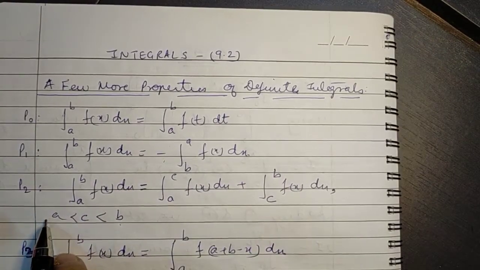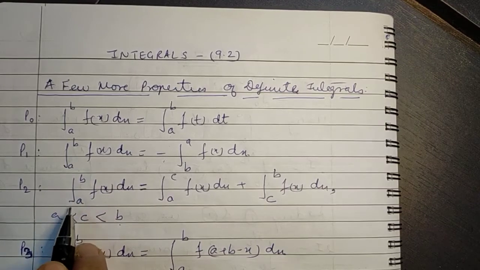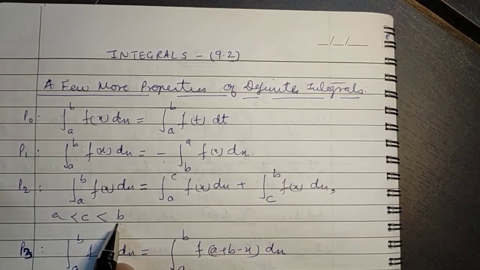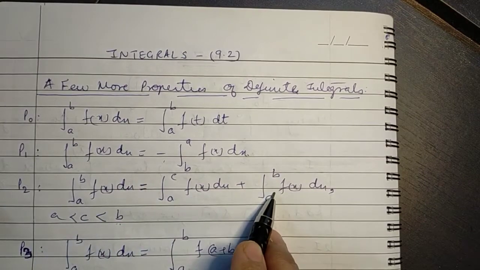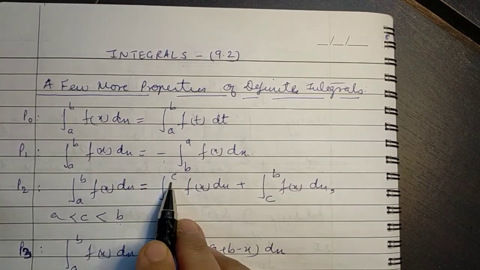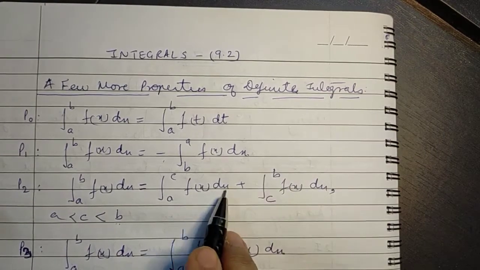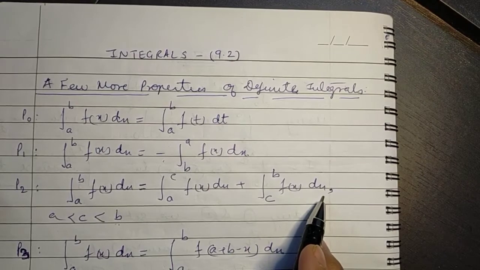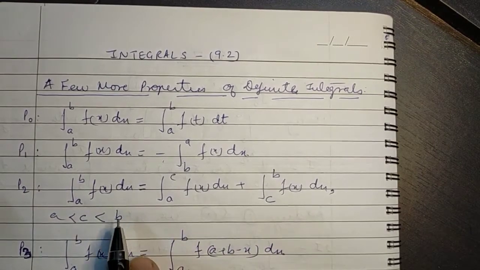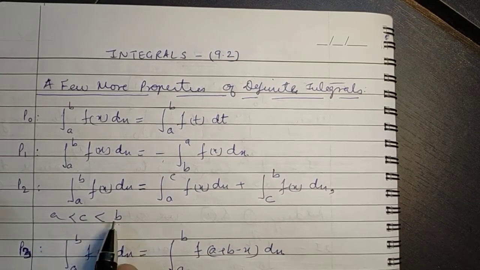In the third one, if c is any point lying between the limits a and b, then we can split the given integral into two integrals, one from a to c and the other from c to b. The function remains the same, the variable of integration remains the same. This property can further be extended to more than one point lying in the interval a to b.